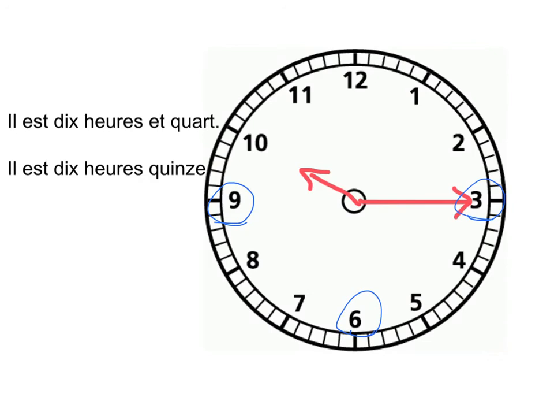Okay, so we do the same thing in English, just worded a little bit differently. It's quarter past 10. So anytime you see something that's 15 minutes past the hour, you can say et quart, et quart. All right? And you'll see on our next couple of slides what you can say for half past and quarter till.